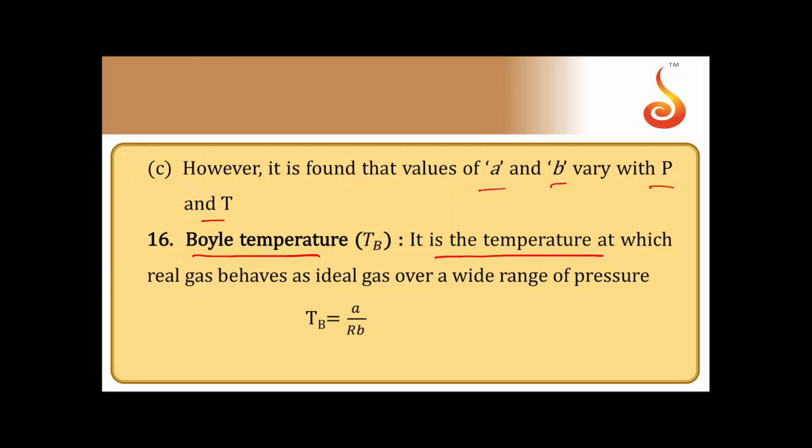It is the temperature at which real gases behave ideally over a wide range of pressure, and that is given by T_B = a/Rb. So T_B is the Boyle temperature. Here a and b are van der Waals constants.